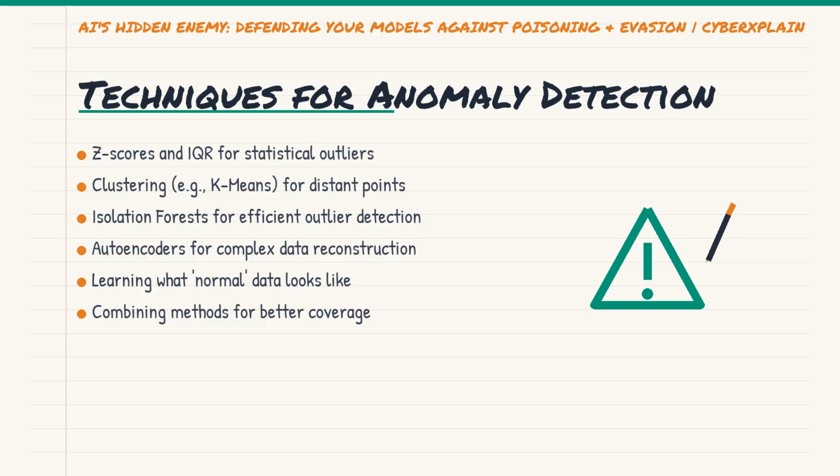Isolation forests are also popular, as they isolate outliers by randomly partitioning data. And for high-dimensional or complex data, we might use autoencoders, neural networks that learn to reconstruct normal data and flag data that's poorly reconstructed. Each method has its strengths, and often, combining them gives you the best coverage.